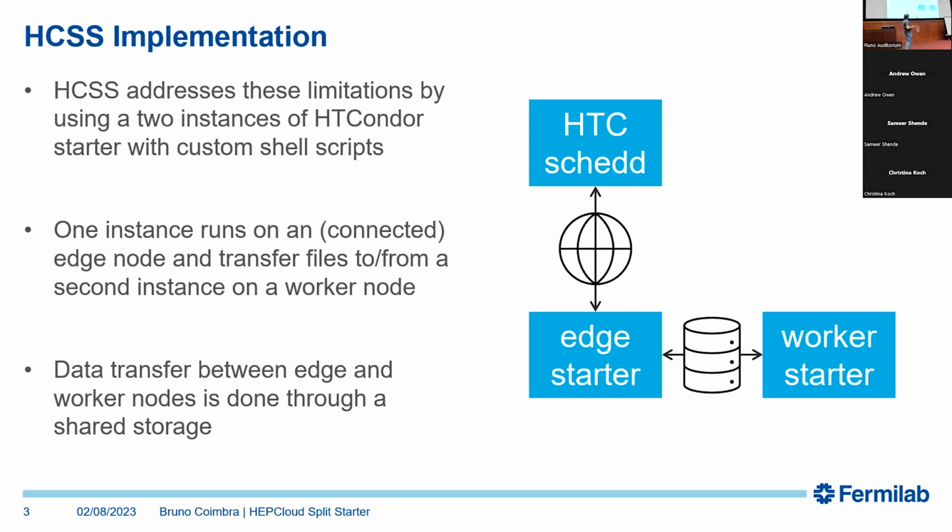So the way it works, and I'll expand a little bit more on that, but basically, we have a starter on the edge node, which will talk to the SCAD. This one will be responsible for downloading everything that we need from the SCAD and uploading it back. The starter on the worker node is the part actually doing the work. And the way we transfer data from here to here is basically through a shared file system.